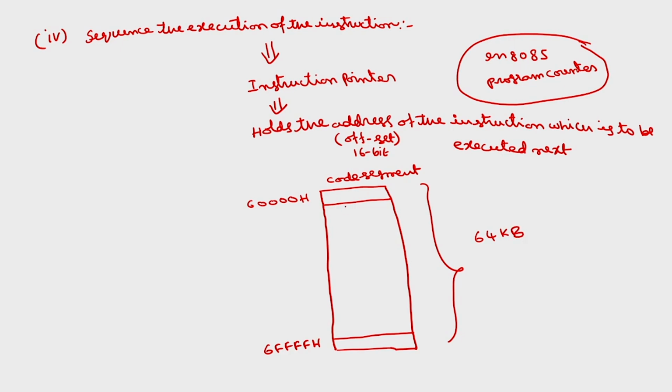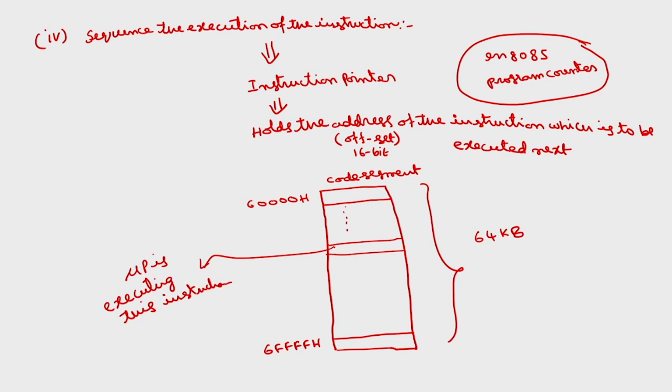Suppose the microprocessor is executing this instruction, stored in this location. Suppose its address is some 65234H.